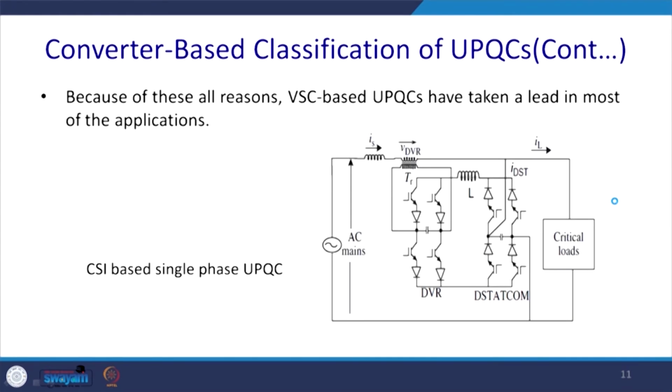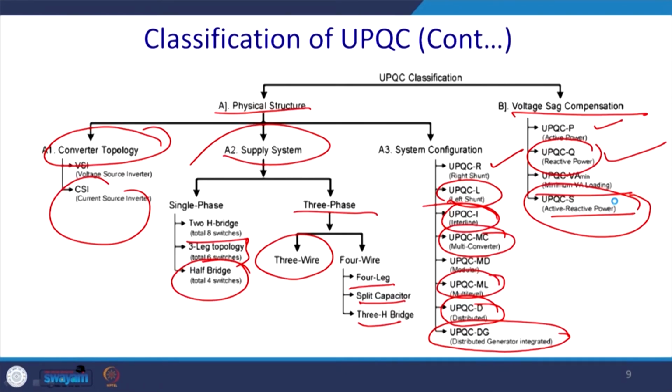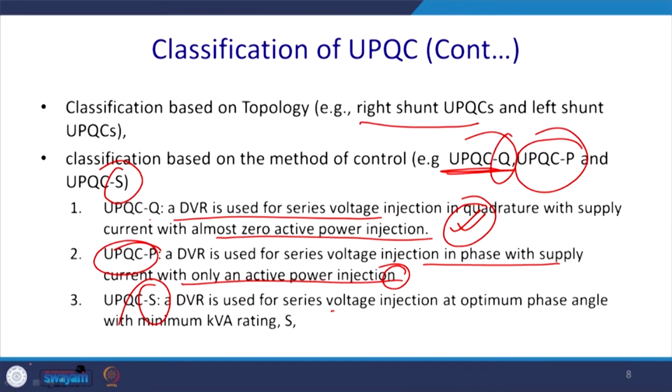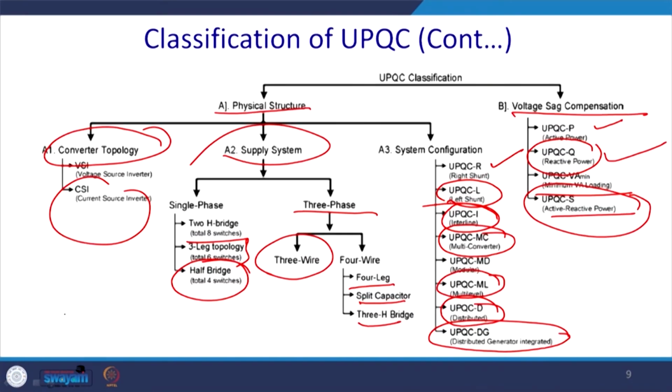So, if I go back, what are the preferred modes of operation? Let us take a different color. The preferred mode of operation is VSI. Generally we have a 3 phase 4 wire system for the distribution level where it is used, and here right shunt is the preferred mode.